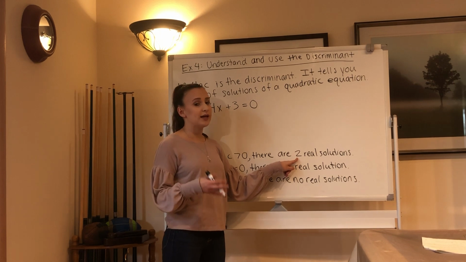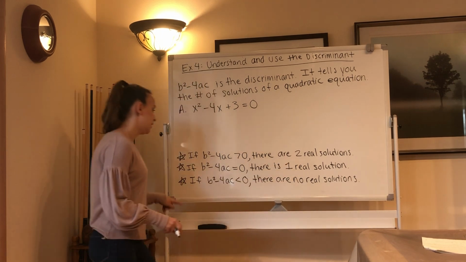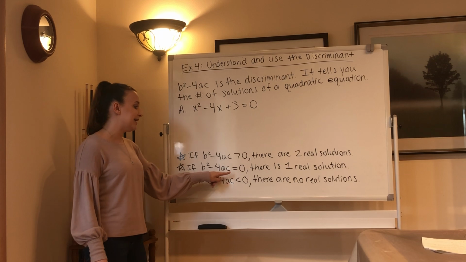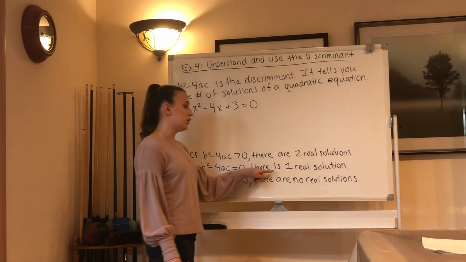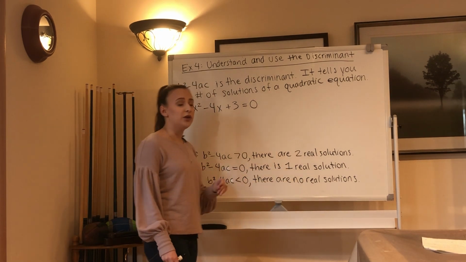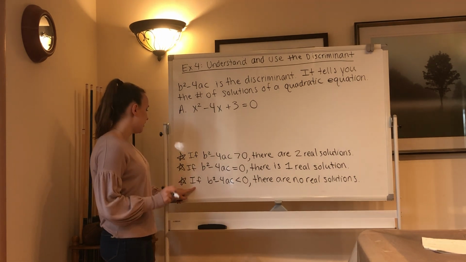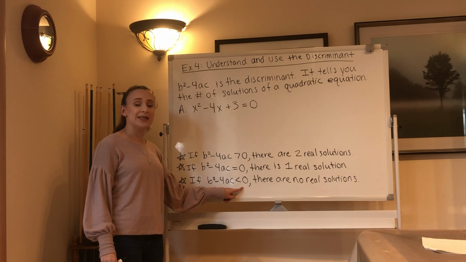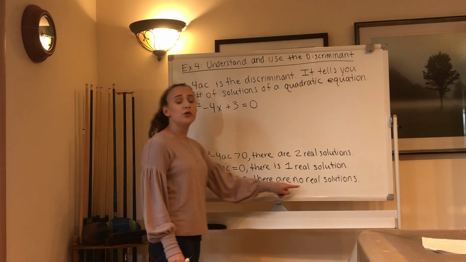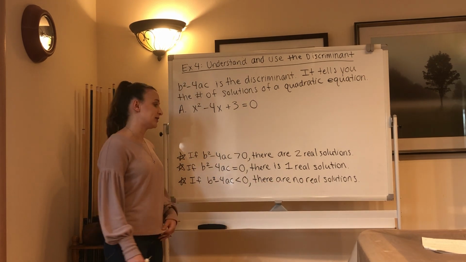The parabola is crossing the x-axis at 2 places. If b squared minus 4ac equals 0, there's only going to be 1 real solution, so it's only crossing the x-axis at 1 place. It's really just touching the x-axis. If b squared minus 4ac is less than 0, there are no real solutions. It doesn't cross the x-axis at all.